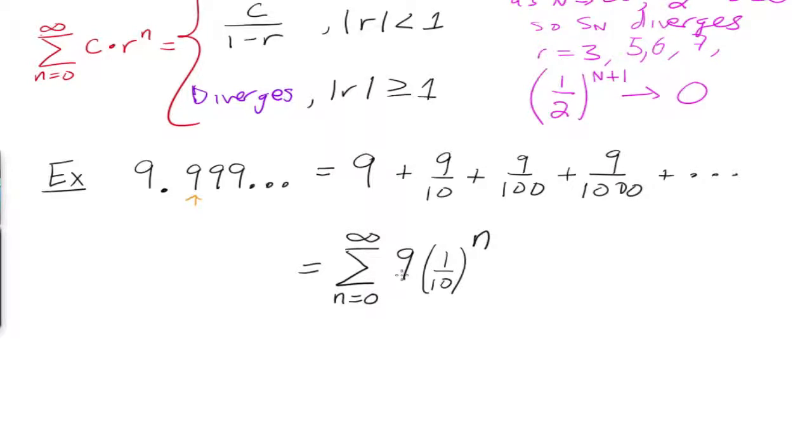So this is a geometric series, right? In this case, this 9 is c, and then my ratio r is 1/10. Does that make sense? You guys with me? So this is 9 plus 9 tenths plus 9 hundredths plus 9 thousandths and so on and so forth, right?